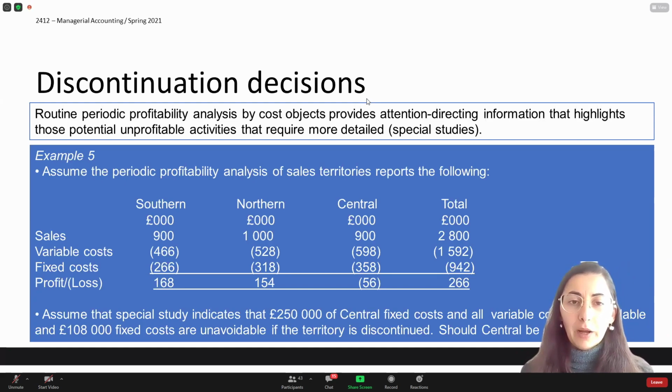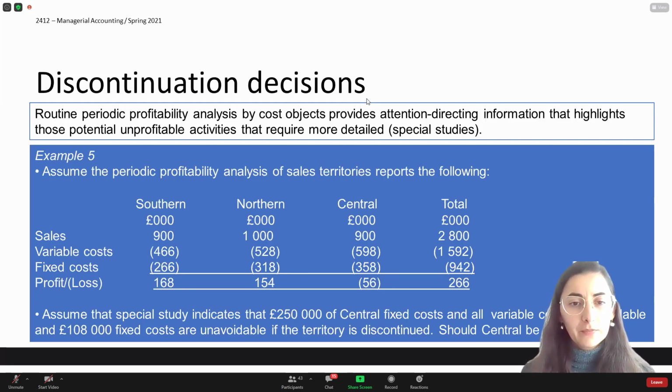Based on this information, should we discontinue Central or not? What do you think? No. Why? Because the contribution margin of Central is 302 and the avoidable fixed costs are 250,000.